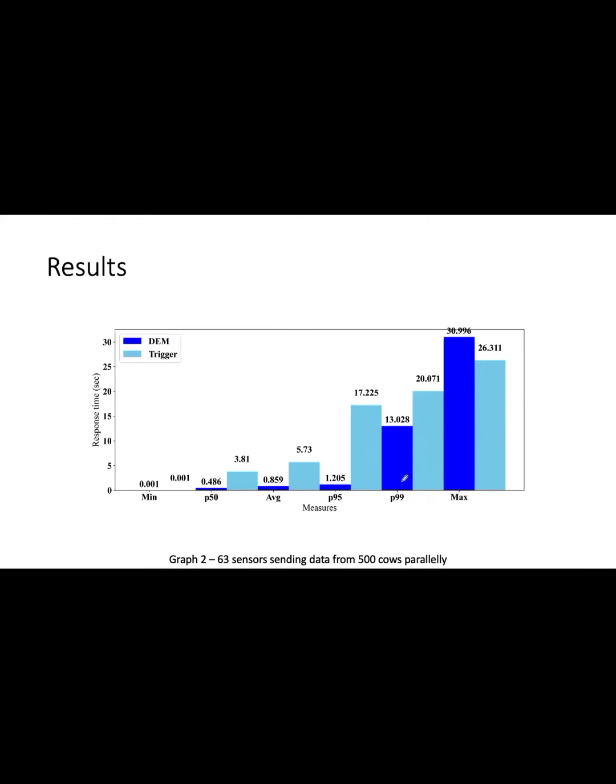In another graph here, we have 63 sensors sending data from 500 calls in parallel. In this, we use the same measures, okay? For example, P50 for them is 0.486 seconds, whereas this same measure for trigger technique is 3.81 seconds.